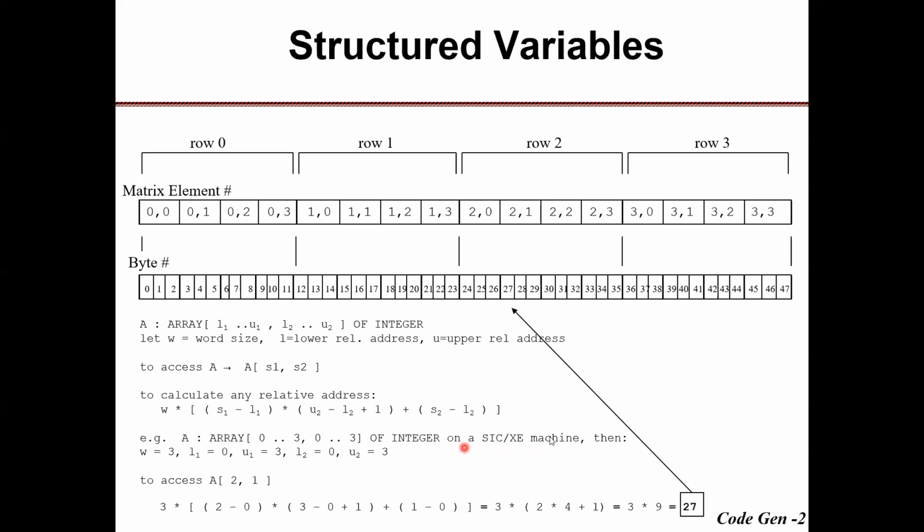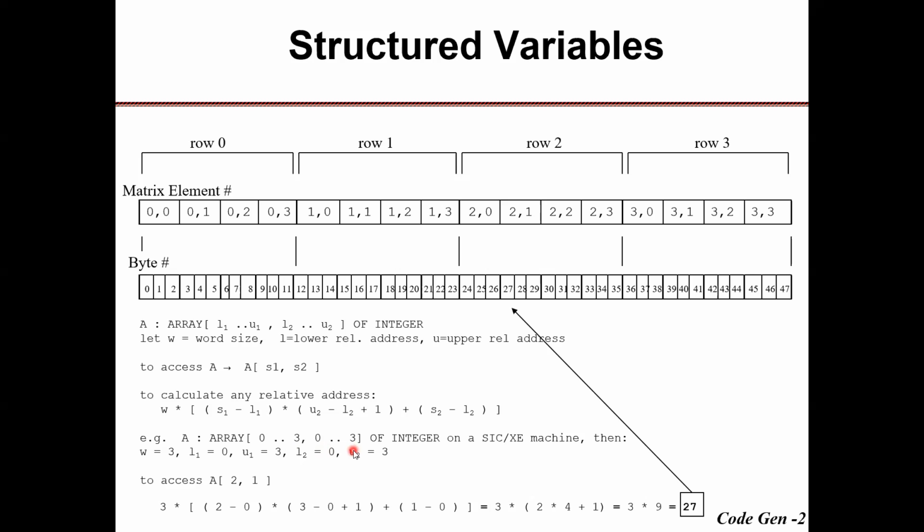And we're doing this for the SIC/XE machine, which means that we know we're going to be working with 3-byte words. All right? So let's see if we understand a couple of other things we put in here that you might not be familiar with. In the case of Ada, you actually get to specify what the lower value and the upper value of the indexing fields are. So in this case, to keep it straightforward, for the rows we're going to go from 0 to 3, and for the columns we're also going to go 0 to 3.